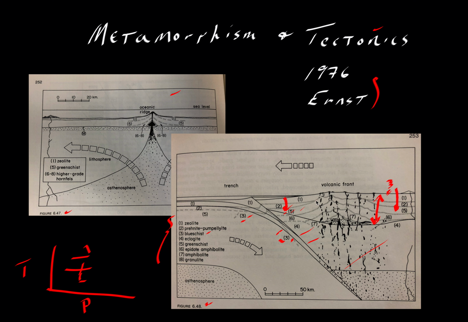But we hit this region of greenschist facies metamorphism at much shallower depths here. Why is that? Well, remember from our previous diagrams, greenschist facies metamorphism is very highly controlled by temperature, not so much pressure, but temperature.